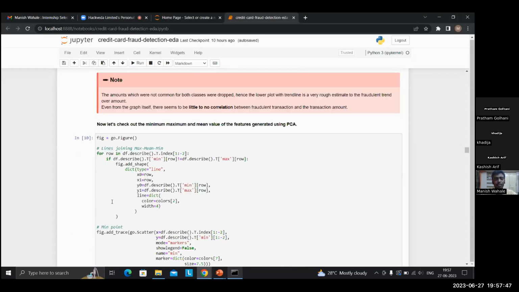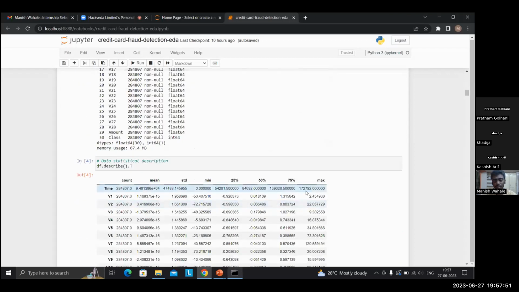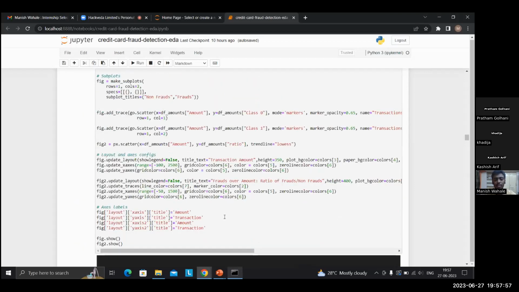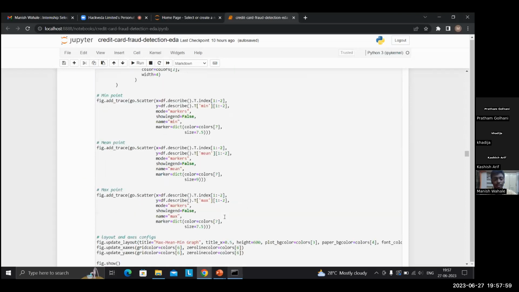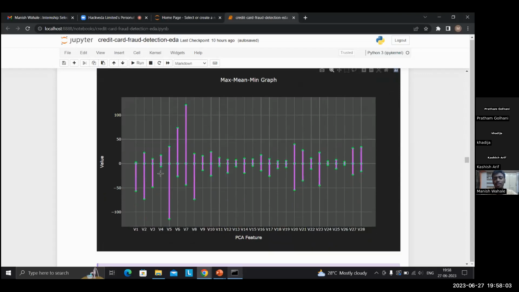I have mentioned here the statistical information in tabular format. This is hard to understand, so I have plotted a min, max, mean graph here. This basically tells us the ranges of the feature variables. Here we can see that the features' mean is almost 0 for all of the features, and the ranges are also not too high.